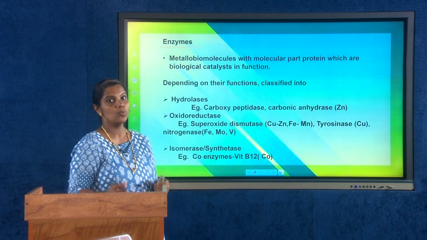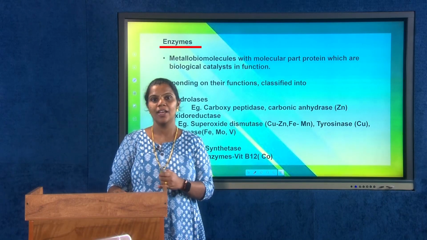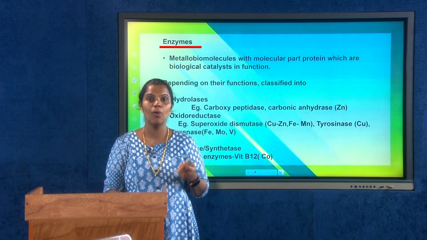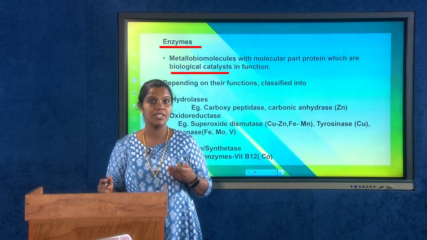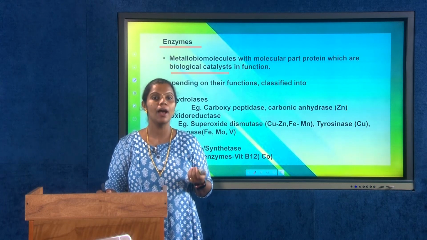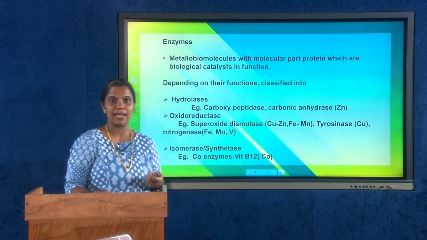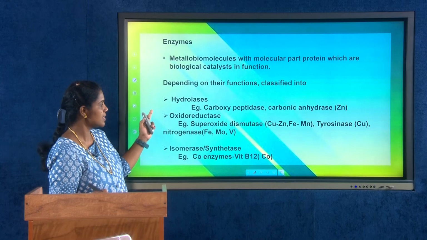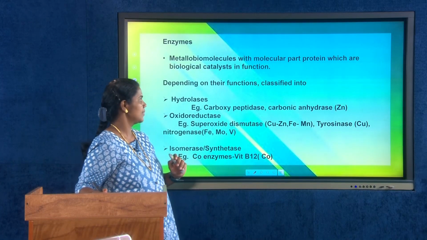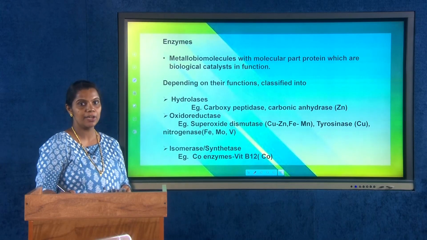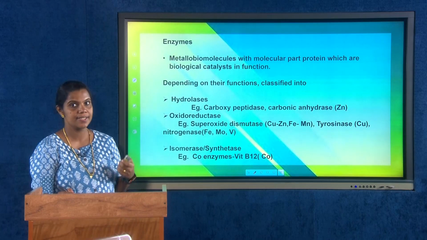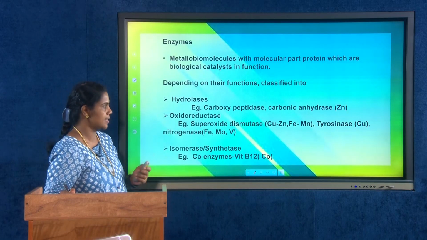Now, let's see what enzymes are. We know that enzymes are metallobiomolecules with a protein molecular part, which are biological catalysts in function. Depending upon their functions, enzymes are classified into hydrolases, oxidoreductases, and isomerases. The hydrolase enzymes include carboxypeptidase and carbonic anhydrase. These are zinc-containing enzymes.